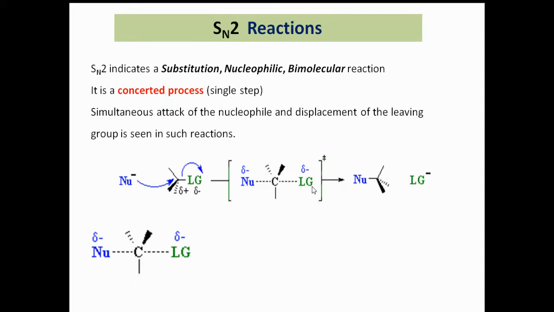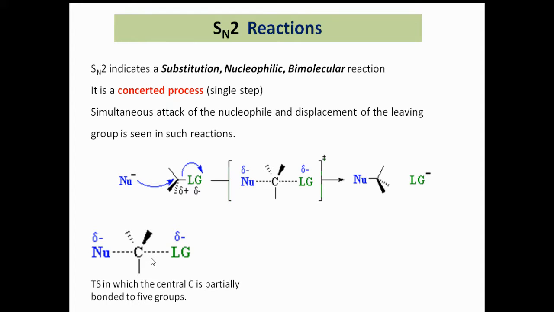That means this is the bond which is to be broken between the carbon and the leaving group, and a new bond is going to be formed between the carbon and the incoming nucleophile. Now this is nothing but a transition state. It's shown here in this way. So the bond breaking and the bond making both occur simultaneously.